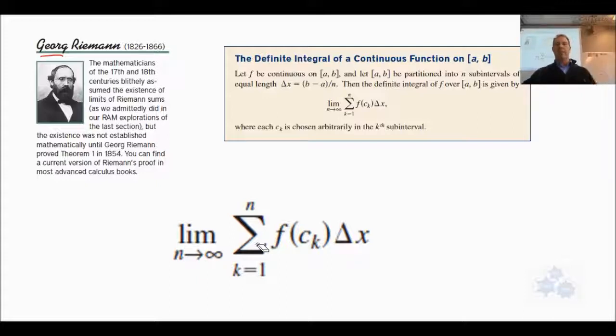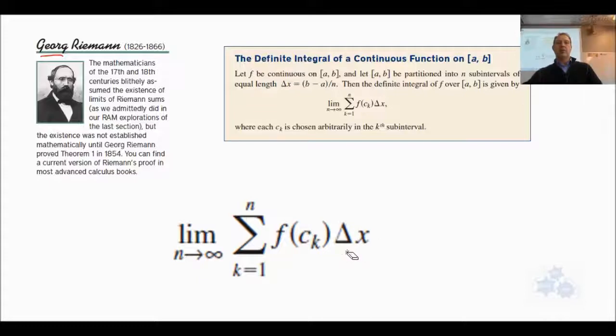It's a sum. Now, this is the function, and C sub k is basically either the value at the left endpoint of the rectangle, at the right endpoint, or at the midpoint, whatever we're using there. So it's just the value of the function at a certain kind of arbitrary point. It would either be at the beginning of each little subinterval, or at the end of each subinterval, whatever.